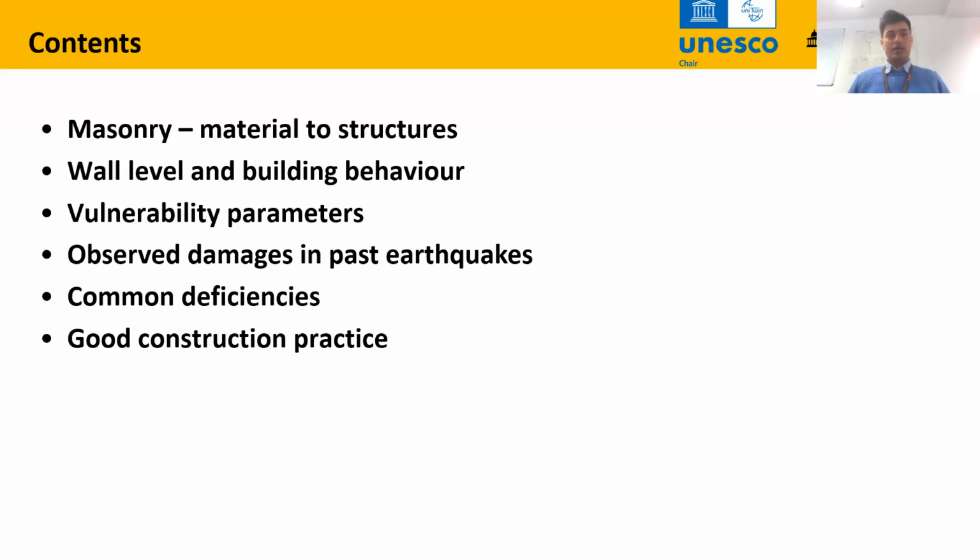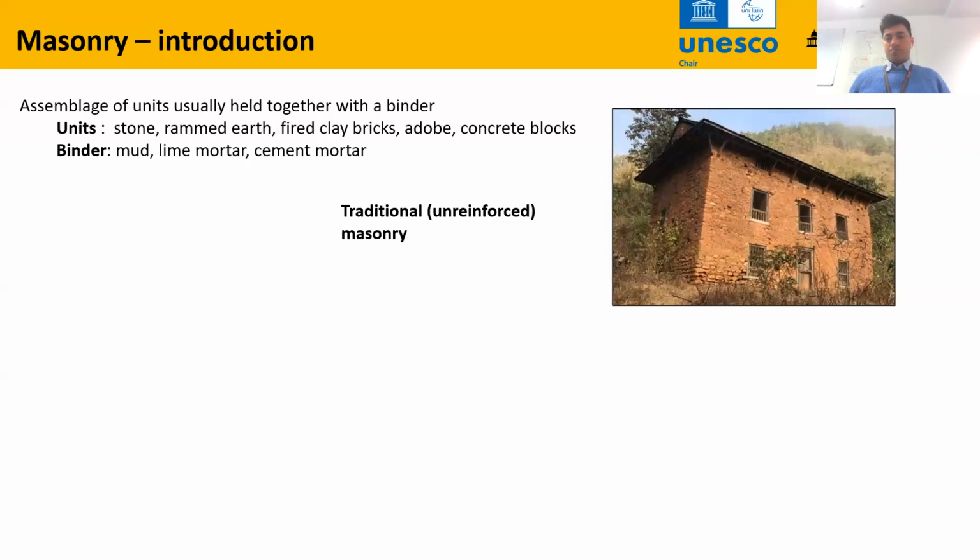Then we will see the damages observed in past earthquakes in masonry buildings, and from that we will identify the common deficiencies that are recurring in masonry constructions, and we will also see some typical examples of good construction practice of masonry buildings. I'm sure many of you are already familiar with the concept of masonry and how they are built, but I will start with a brief introduction.